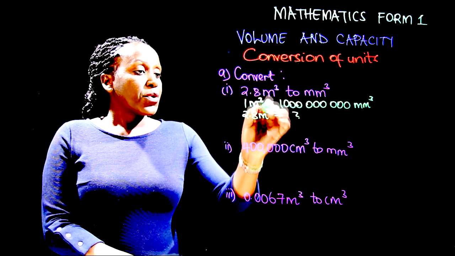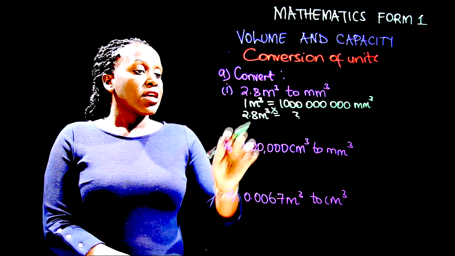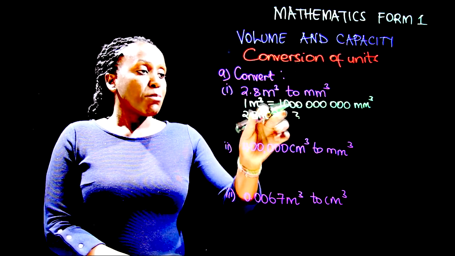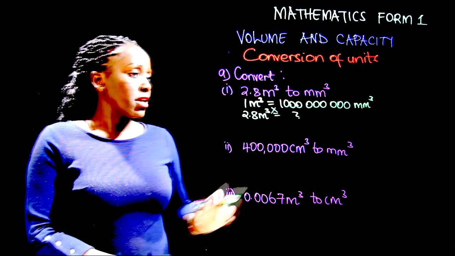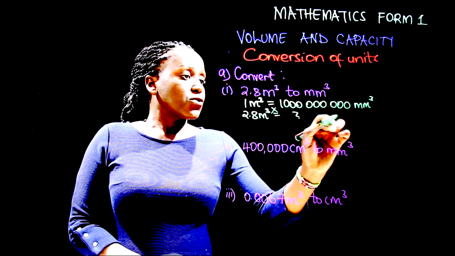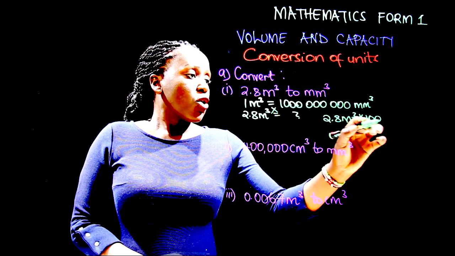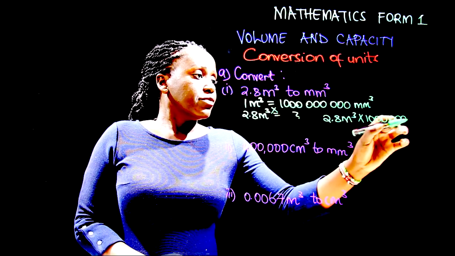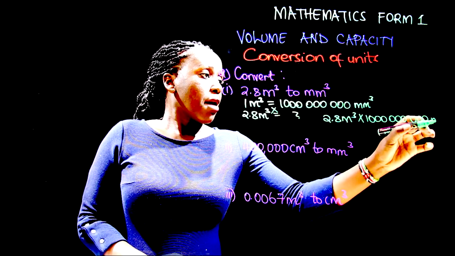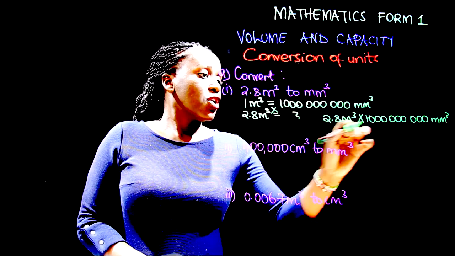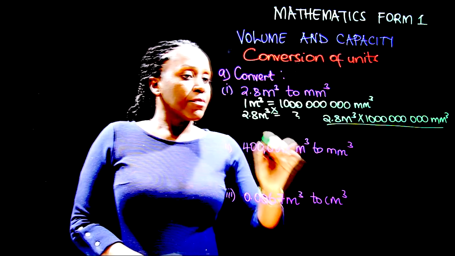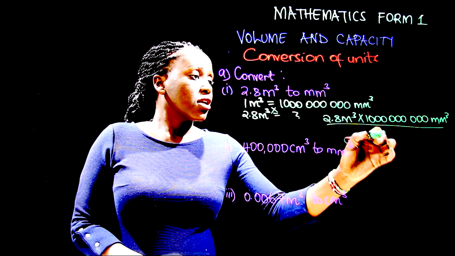So what we do, we cross multiply such that 2.8 multiplies by the 1 billion. So here we have 2.8 meters cubed times 1 billion millimeters cubed, all that over 1 meters cubed.